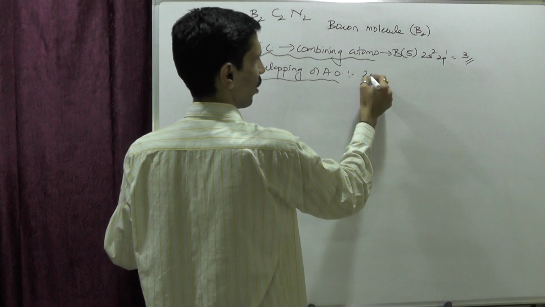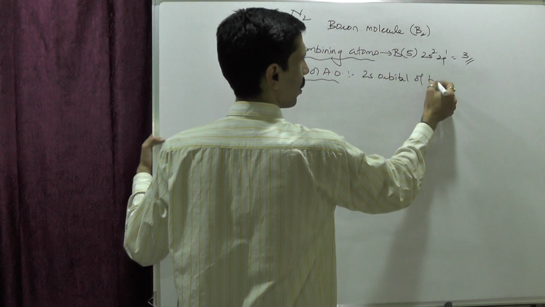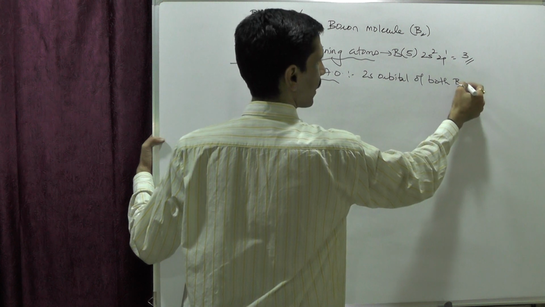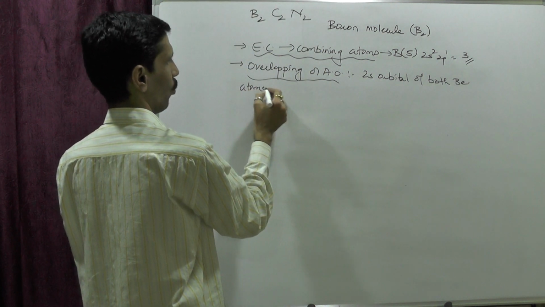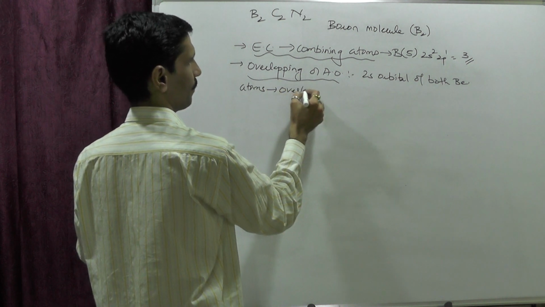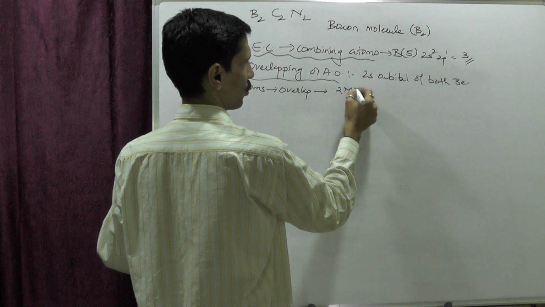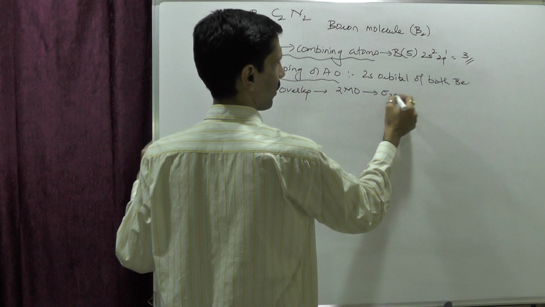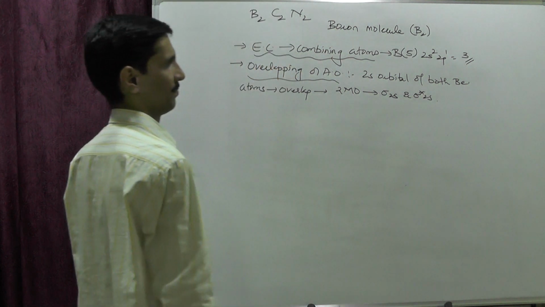So, the 2s orbital of both boron atoms overlap, resulting in the formation of 2 molecular orbitals, sigma 2s, sigma star 2s.